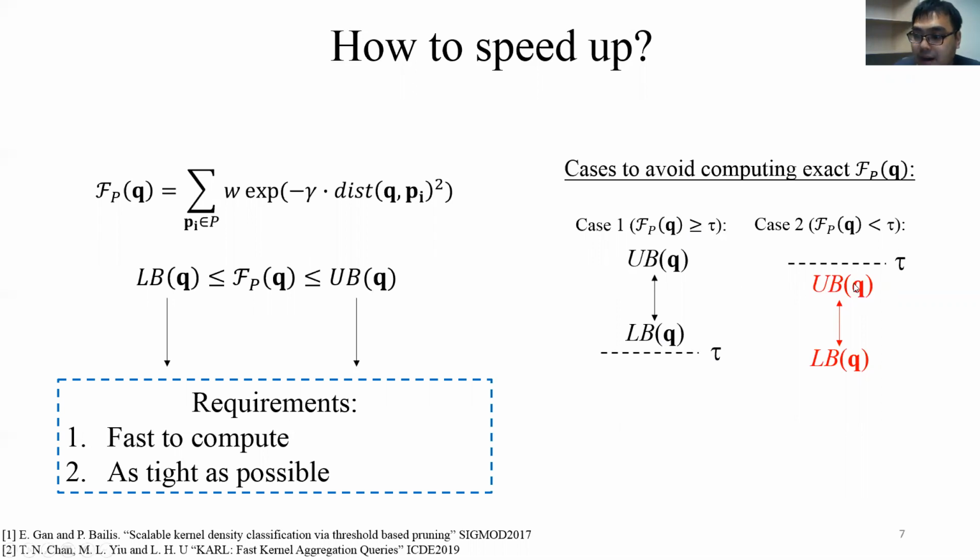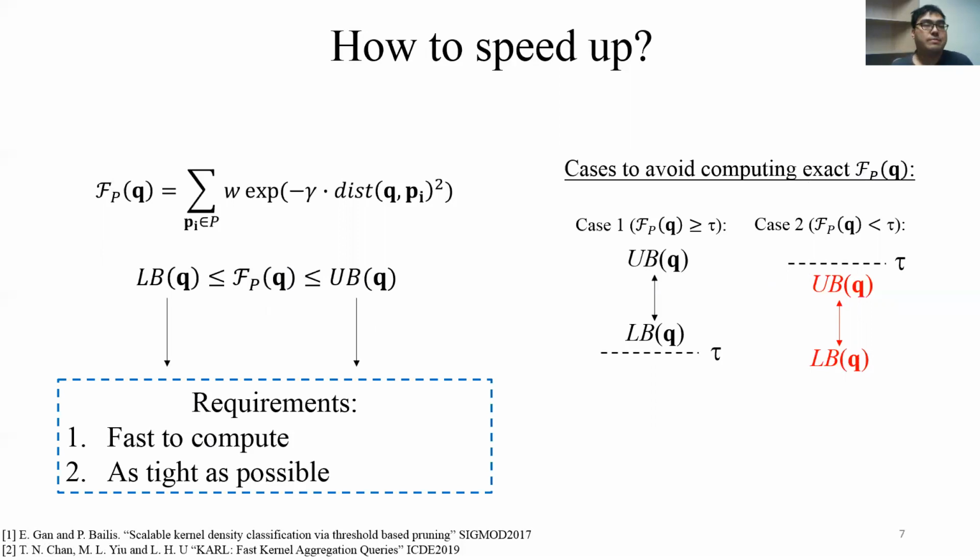If the upper bound is less than this threshold tau, then we can immediately classify it as low density. And since the lower bound and upper bound are fast to compute compared with F_P(q), we can avoid computing the exact F_P(q), which is very expensive.